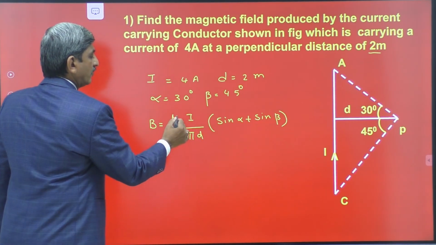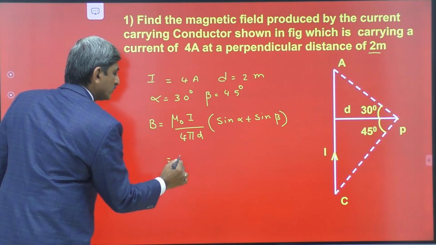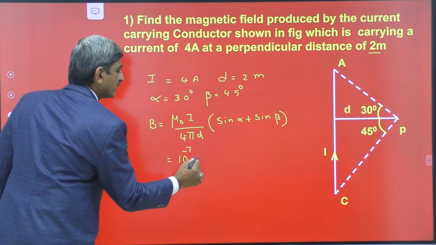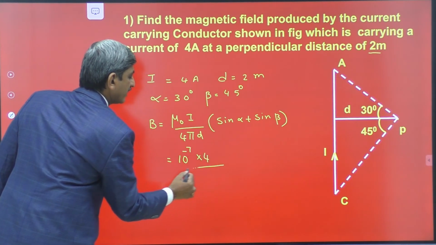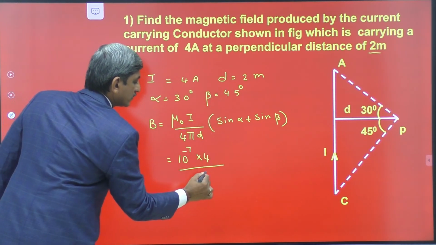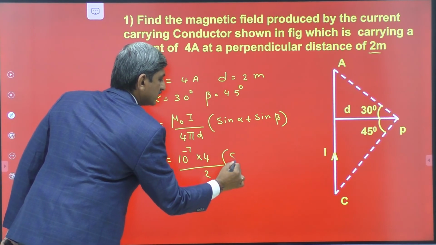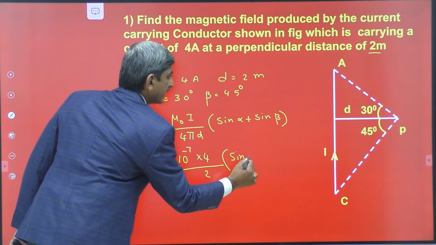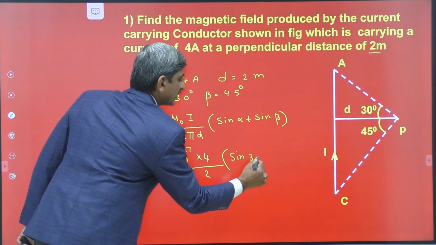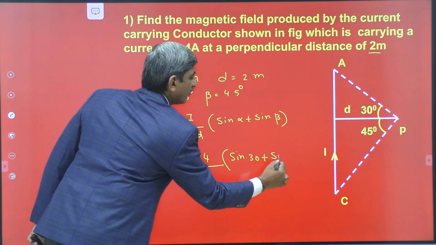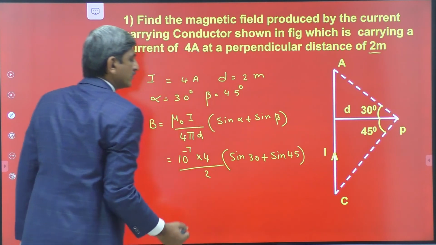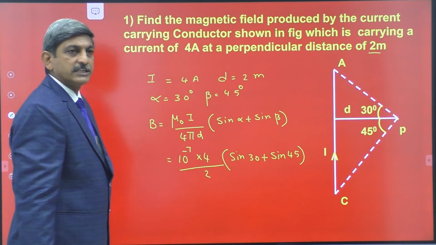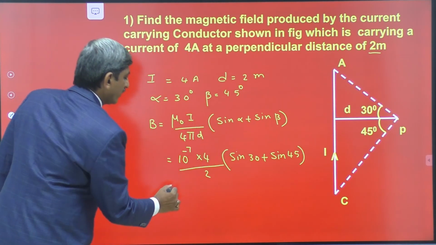So here we know that mu naught by 4 pi is equal to 10 to the power of minus 7, into 4 divided by distance 2, into sin alpha, that is sin 30 degrees, plus sin 45 degrees. So we know the sin 30 degrees value and sin 45 value.